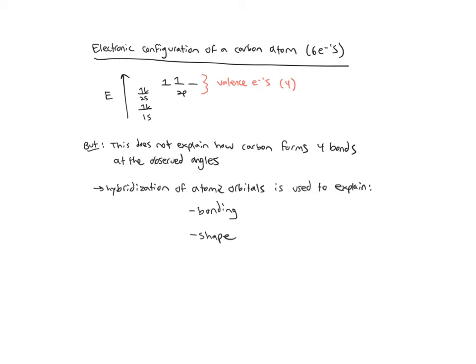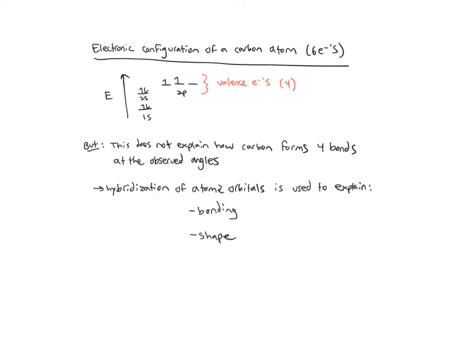So this full diagram doesn't really explain exactly what is observed for how carbon forms the 4 bonds, and the observed angles. So what we're going to use instead to explain how carbon ends up forming 4 bonds at certain types of angles, depending on how many bonds or how many atoms it's attached to, is hybridization of the atomic orbitals.